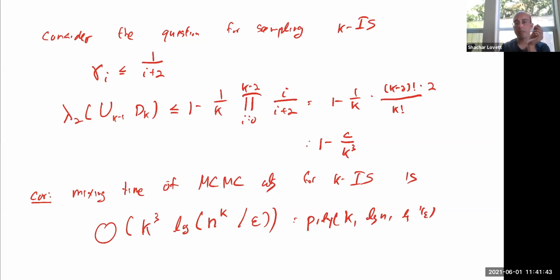The exact parameters are maybe less important. What I want you to see is that the fact we can handle the case where most gamma I's are small and few of them are big allowed us to extend the analysis from zero local spectral expansion to close to 0 local spectral expansion.